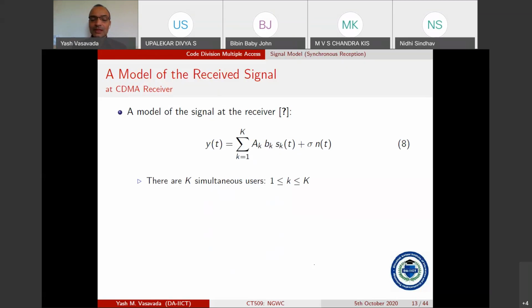So FDMA and TDMA are examples of orthogonal multiple access. There is an extension of OFDM, which is known as OFDMA, orthogonal frequency division multiple access, where also, as the name implies, the multiple access is happening in a completely orthogonal manner, meaning that different users are intentionally kept orthogonal to each other.